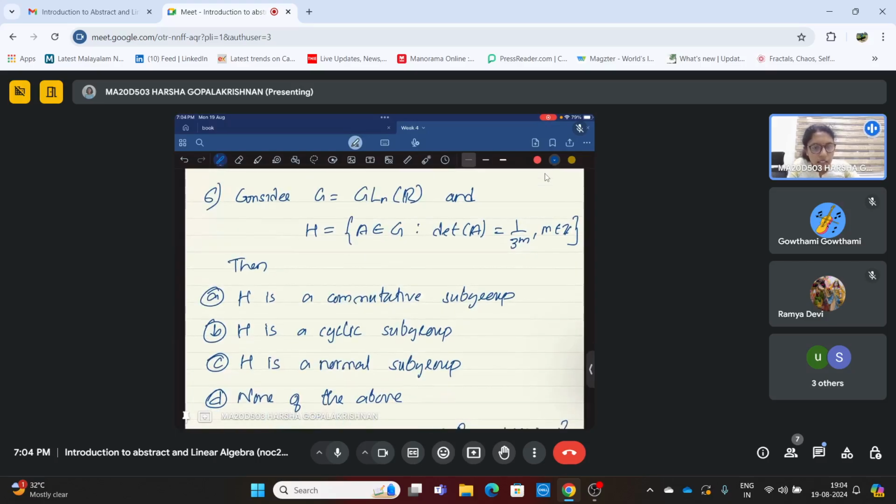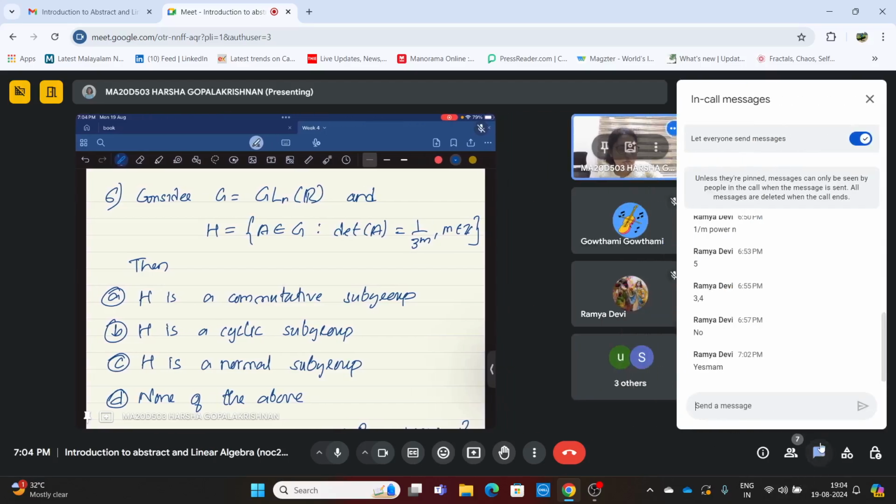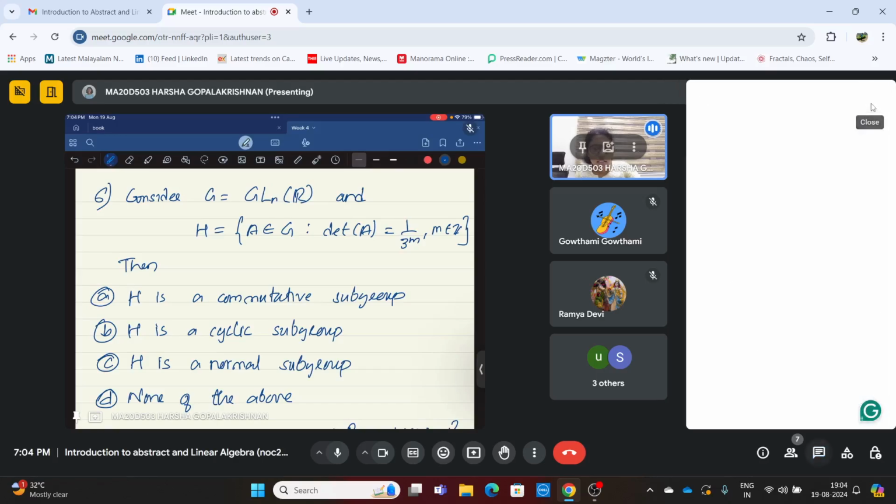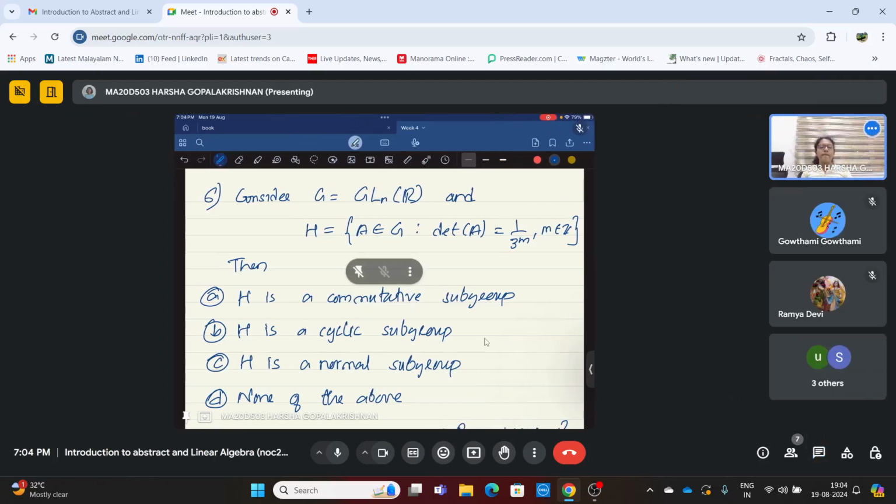Now the question is whether it is a commutative subgroup, whether it is a cyclic subgroup, or whether it is a normal subgroup, or none of the above. Anyone has a guess? Each of the options you can just check. The commutativity may be comparatively easy. In general we know that matrices are not commutative, right?